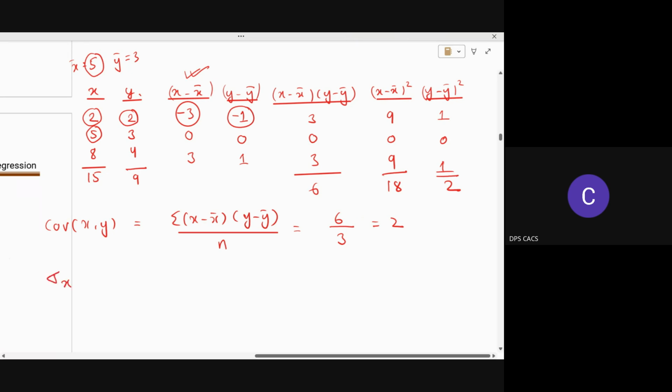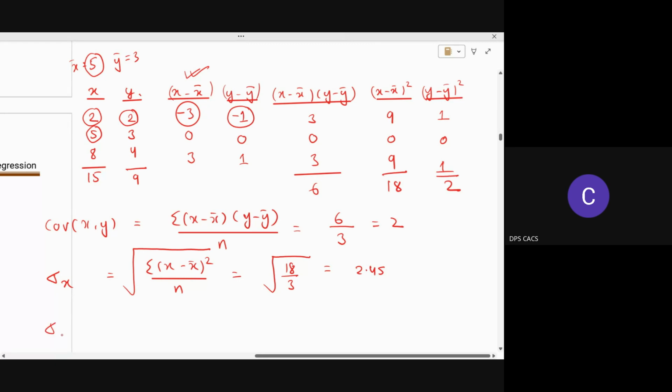Standard deviation of x. Formula. Summation divided by n, under root. So you have the total of this column. Can you give me the answer? Sir, 18 is the total. 18 by 3 we are doing, and then root. What are you getting? Root 6 is how much? 2.45 after round off.